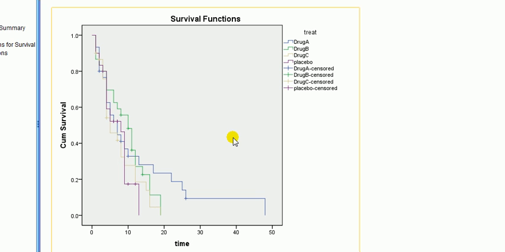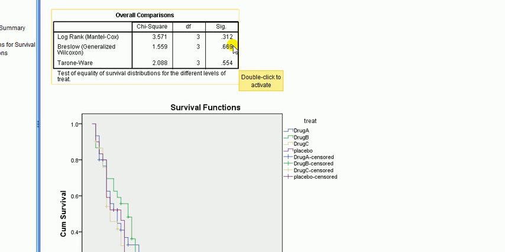Because if we look at the survival curves here, the log rank test places more emphasis on events happening further out in time. So since for drug A you've got something happening way out here, it places quite a lot of emphasis on that, and that's why it's pointing more towards there being evidence to reject the null, but it's not small enough.